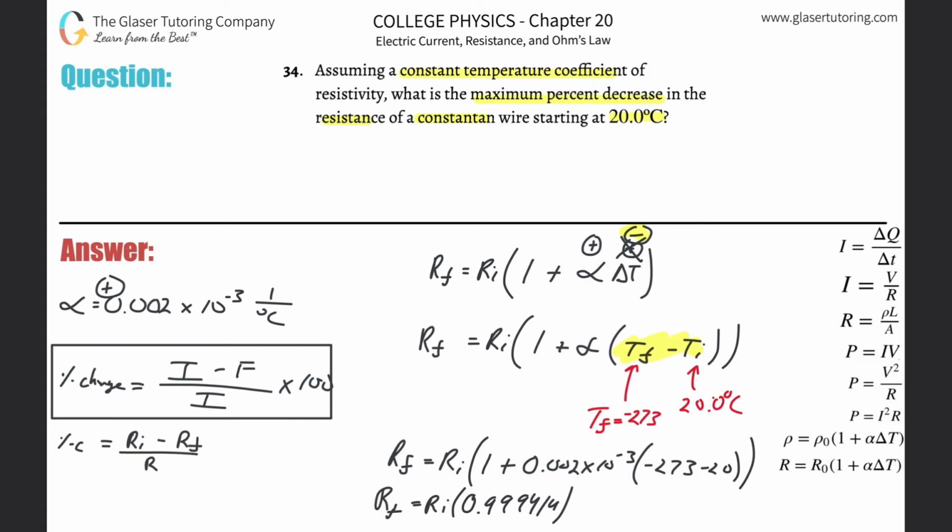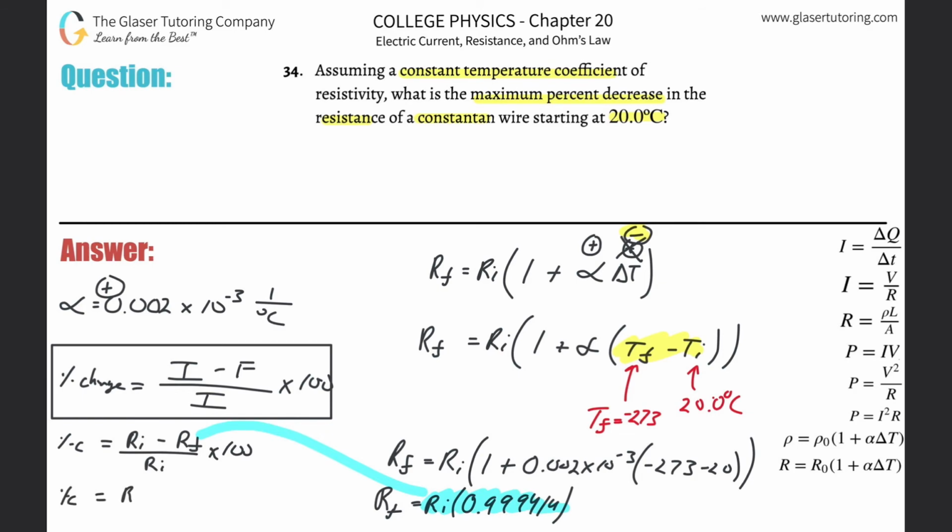The denominator is the initial value, RI, times 100. In order to cancel the RIs completely, each factor has to have an RI. And I notice I have a formula that already relates RF and RI, so I'm just going to plug it in for RF.